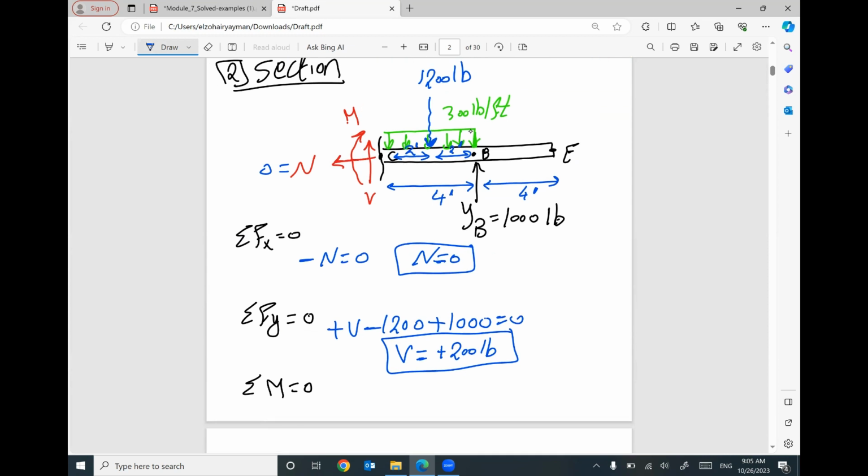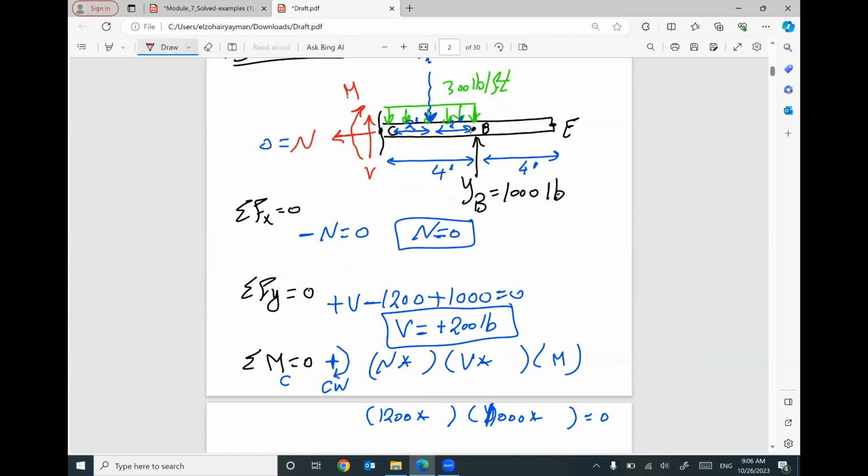I will take moment at the cut C. I'm going to assume this clockwise rotation is my positive direction. So capital N times distance, capital V times distance. Your moment does not need distance. 1200 times distance, and YB, which is 1000, times distance, equals 0.